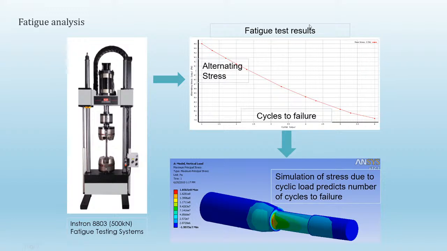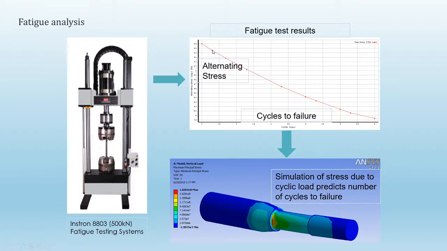In fatigue analysis, we toss a piece of material into test machines. This is an Instron 8803 fatigue testing machine, and we cycle it up and down many times. And then we generate this type of curve. You keep pulling on this until it breaks. Depending on how hard you pulled on it, that's the y-axis, how much alternating stress you're applying to the material.